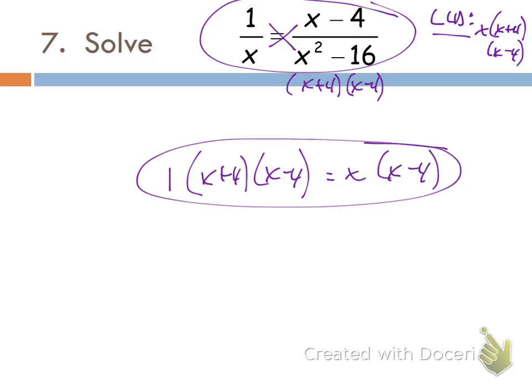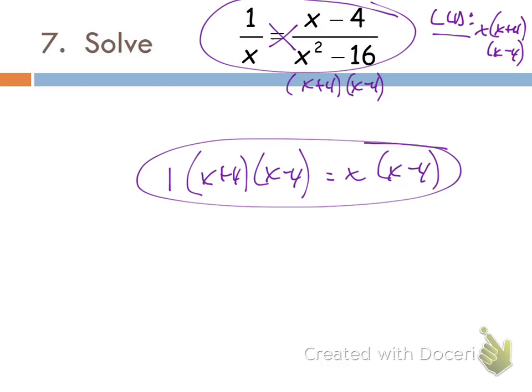If you have one fraction on either side, then you can simply cross-multiply. That didn't work on the previous 6 because it wasn't one fraction equal to one fraction. One side of the equation had a couple of different fractions on it, right? So it wasn't going to work for those 6, but it actually does work here.